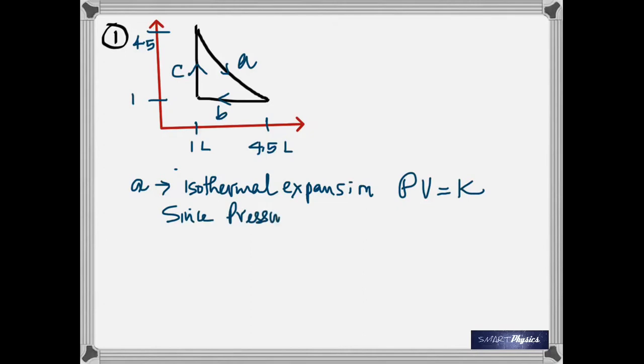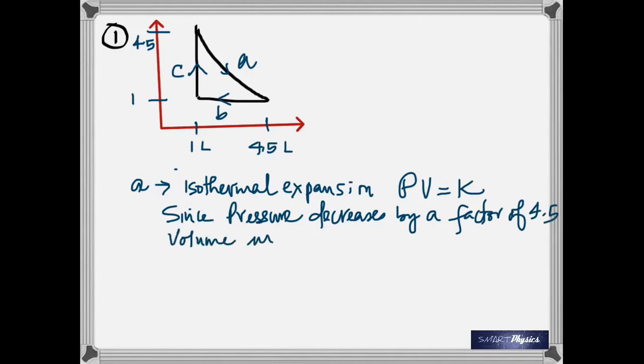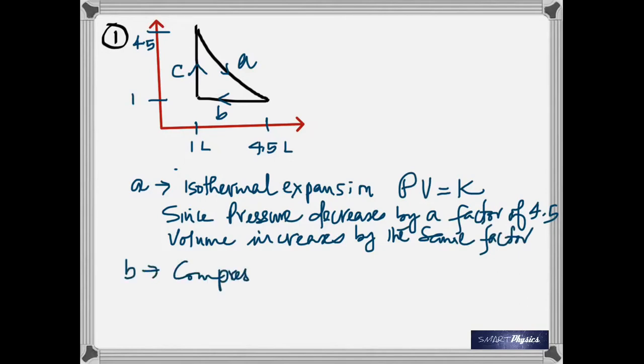So A is the isothermal expansion, and B is a change at constant pressure, while C is at constant volume.